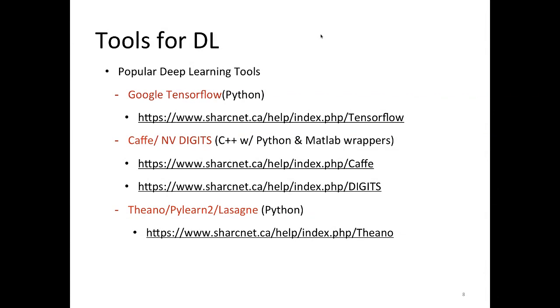The reason why I put Nvidia DIGITS together with Caffe is that Nvidia DIGITS uses Caffe as backend, but it supports multi-GPU. And I will show this too later. Others like Theano, PyLearn2, and Lasagne are all Python-based. They are all based on Theano, and Theano is very easy to use. I will give you some demos of these software.